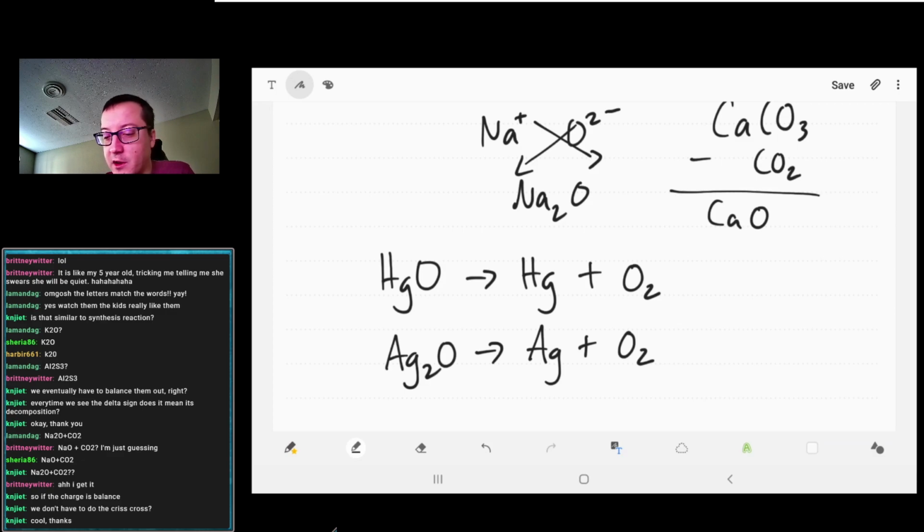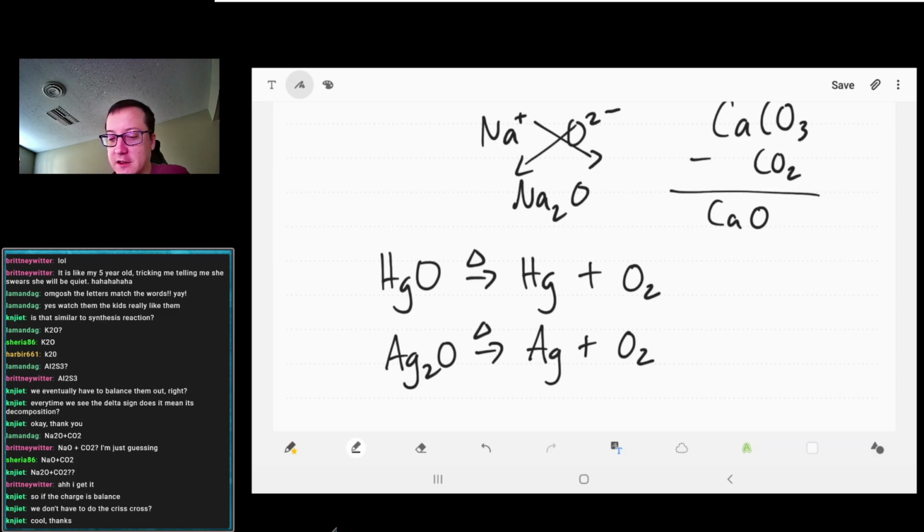So if you heat up an oxide, you just basically break it up into its elements, and that's it. Pretty boring one. And honestly, that's only for a few things. A lot of oxides will not do this, but a couple of them will. So I'm only going to give you ones that would do this, right?